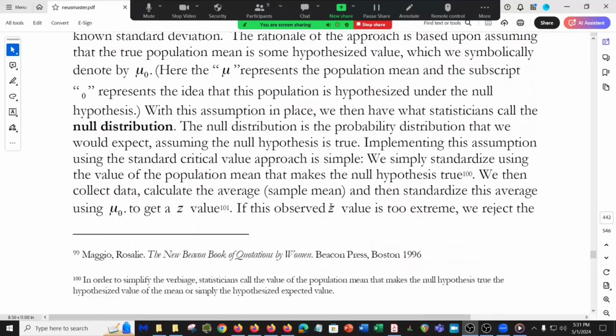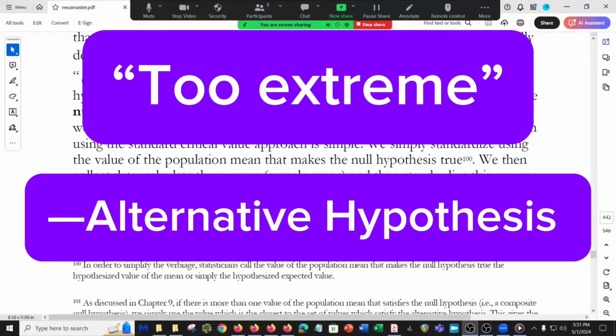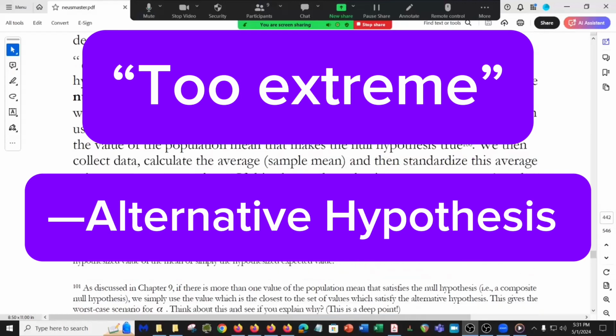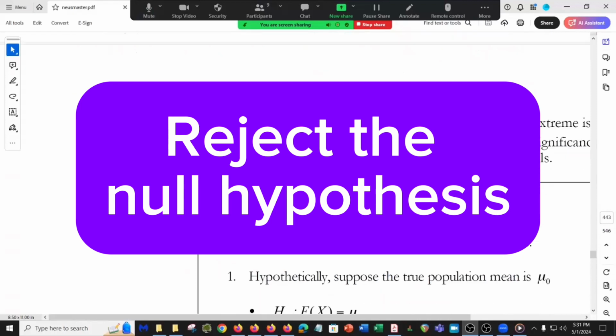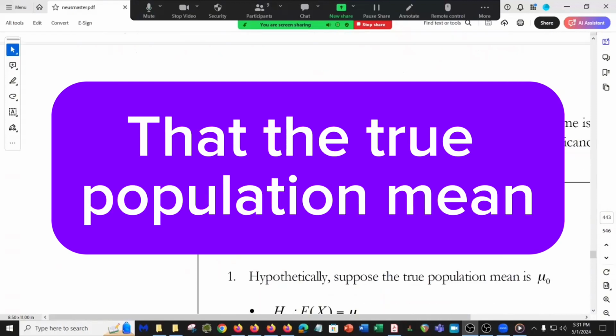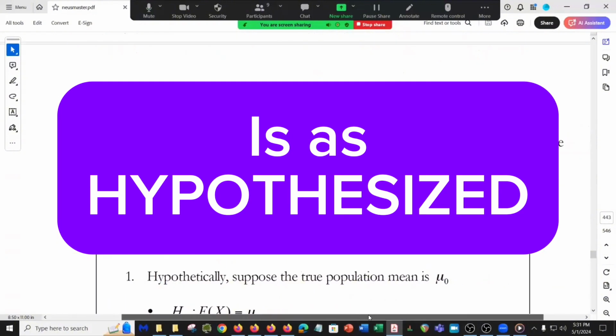If this observed z-value is too extreme, and extreme is defined by the alternative hypothesis, we reject the null hypothesis that the true population mean is as hypothesized.